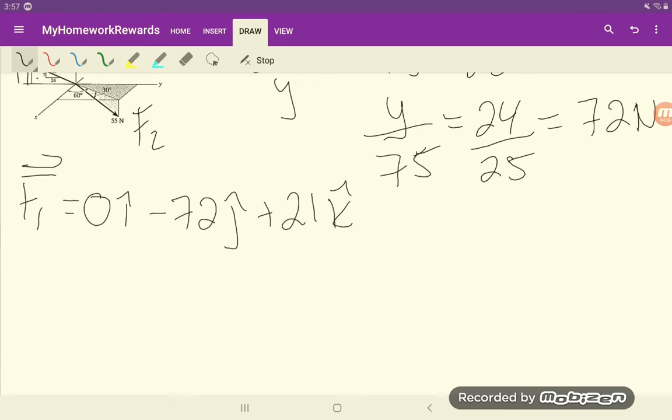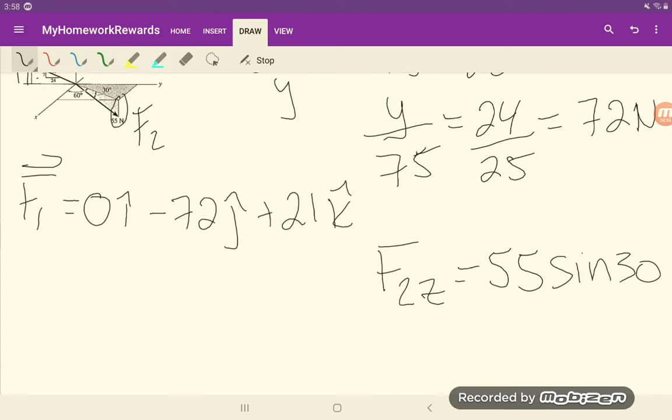That means that F2z is going to equal 55 times sine of 30. And we're using sine of 30 because that z component down here is opposite to the 30 degrees.